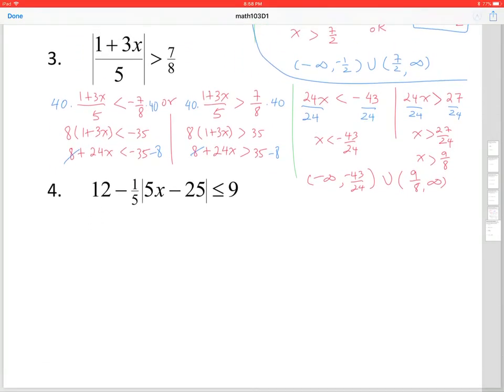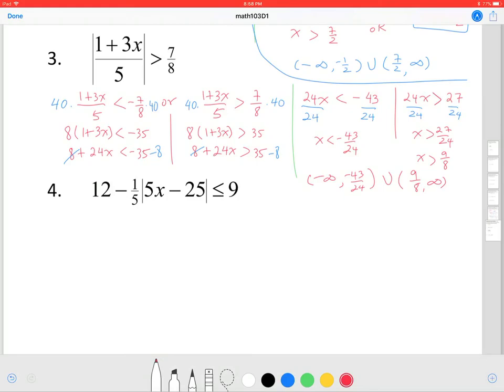Okay, last problem. As you can see, it's probably the messiest. Again, our aim is to isolate just the absolute value part of the problem. So first we have to subtract 12. So we have negative one fifth absolute value of 5x minus 25 is less than or equal to negative 3.